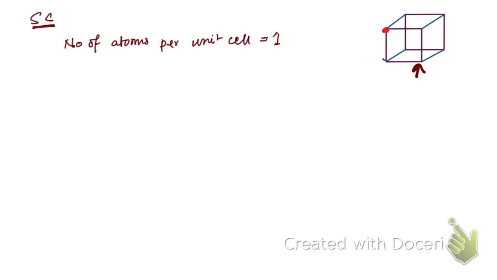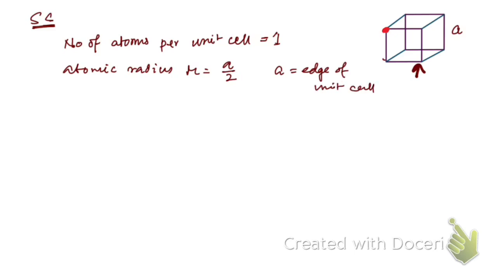If we consider each side of this unit cell is A, then the atomic radius R is equal to half of the edge of the unit cell, right?